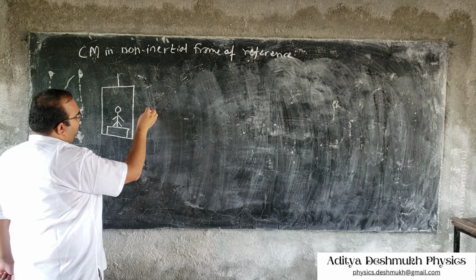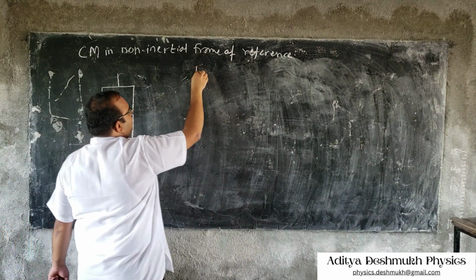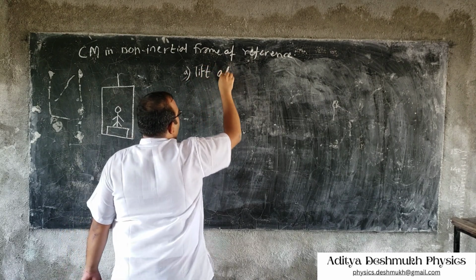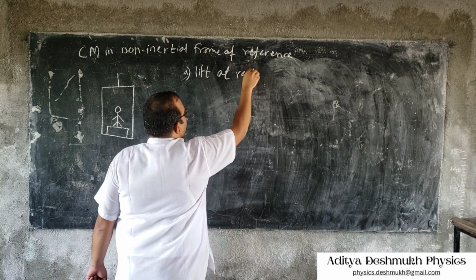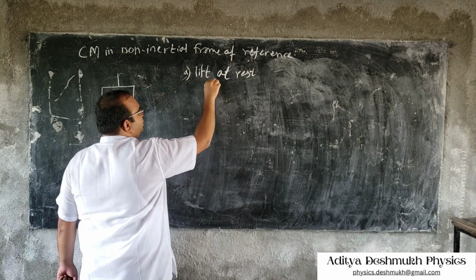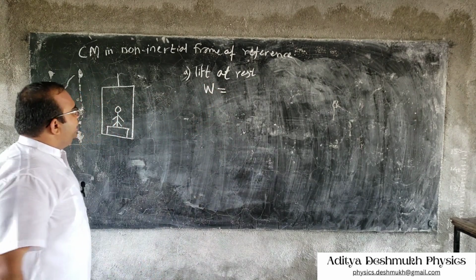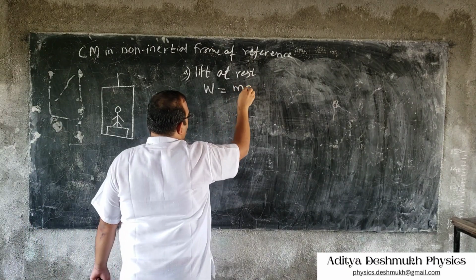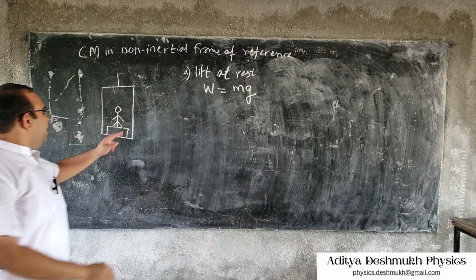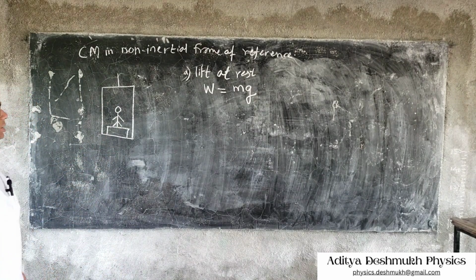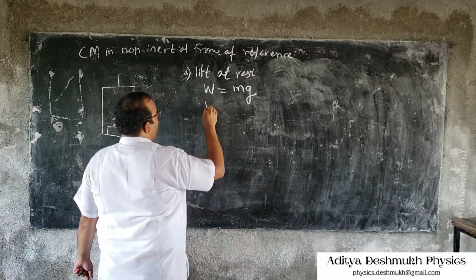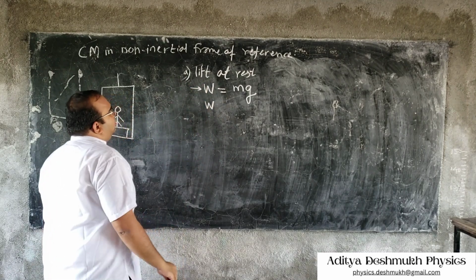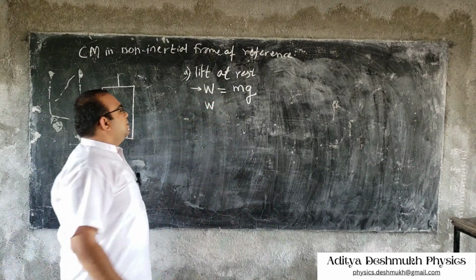When the lift is at rest, the weight of the human standing on the weighing scale will be mg in an inertial frame of reference.